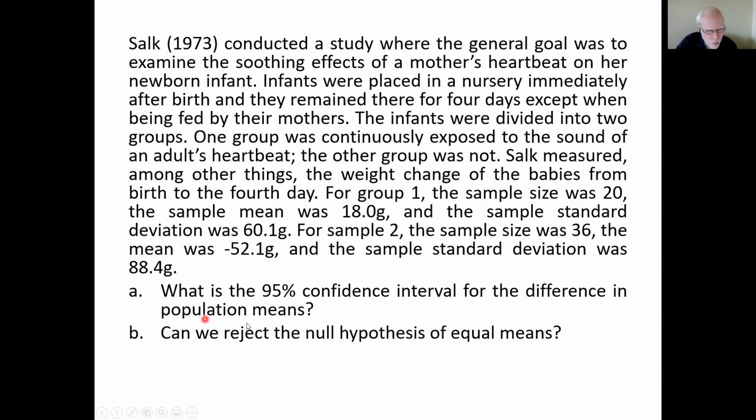So A, what is the 95% confidence interval for the difference in the population means? Don't forget, how do we have a negative here when we're talking weight? It's weight change. So these ones got smaller, the other ones got bigger. So construct the 95% confidence interval for the difference in the population means, and can we reject the null hypothesis of equal means?